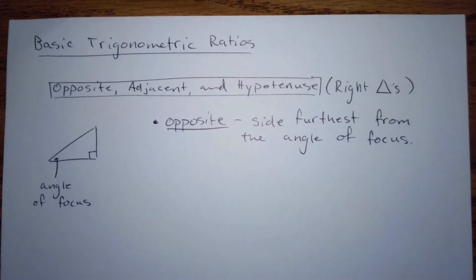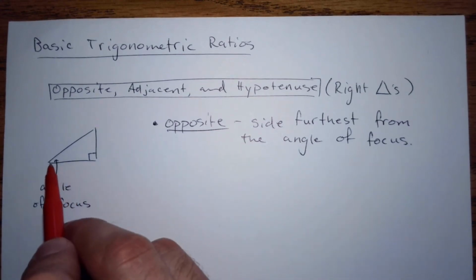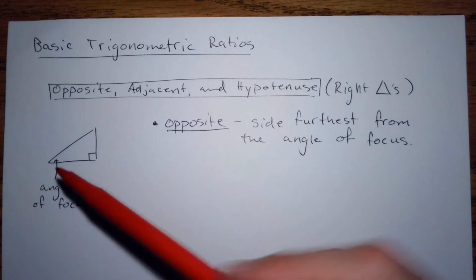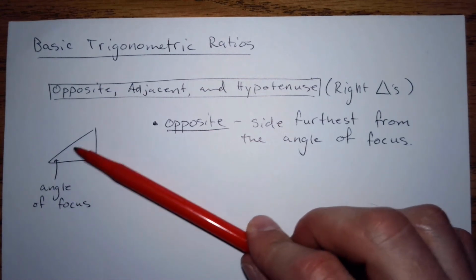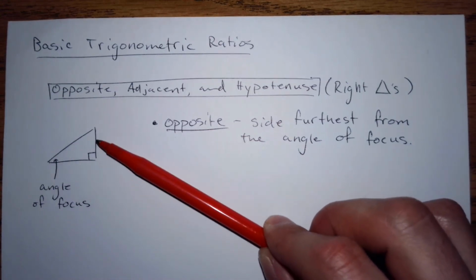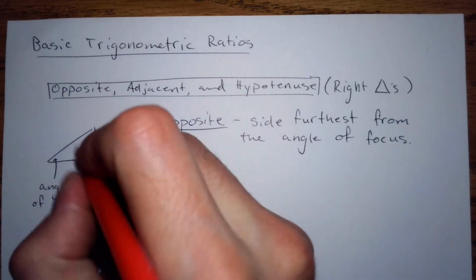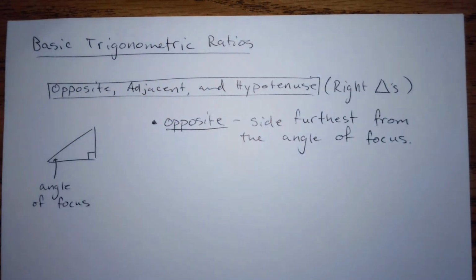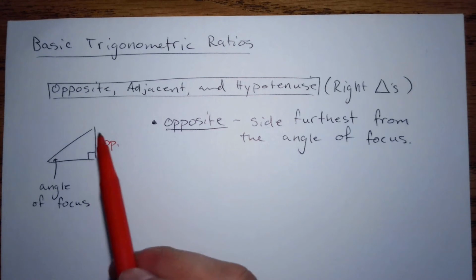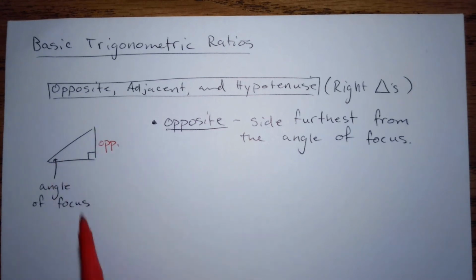Which means that if this is the angle of focus here, the opposite side is this one. So I'm going to say this is the opposite side. So opposite side is across, farthest away from the angle of focus.